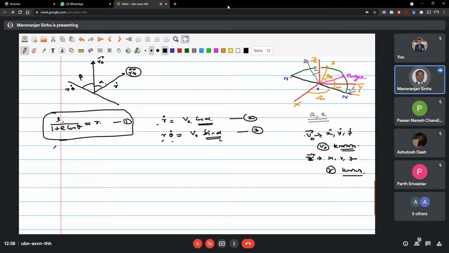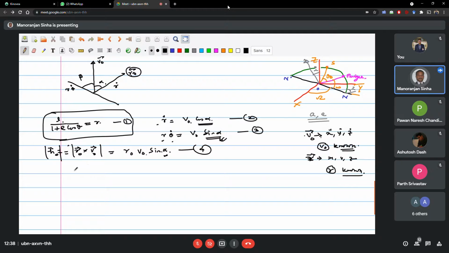Another information that we are having, this is H equal to R cross V. So here in this case, at the point of injection, we can write this as H mod is equal to R cross V, R0 times V0 sin alpha. So first our intention is to determine this alpha.